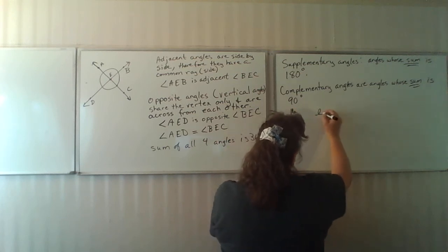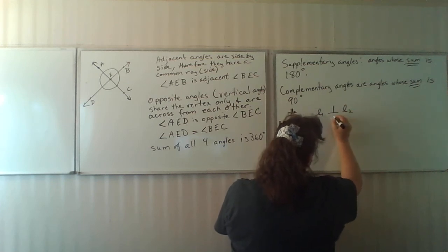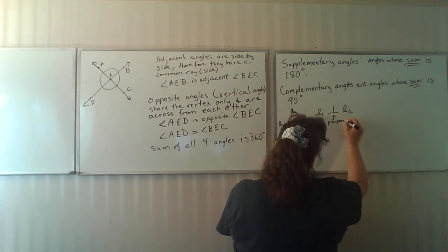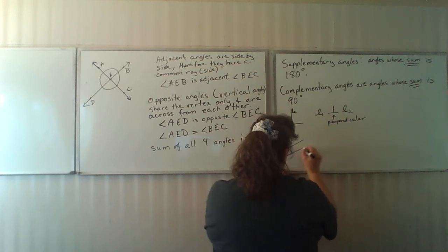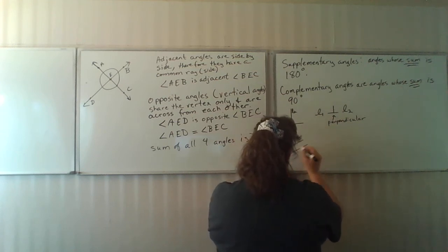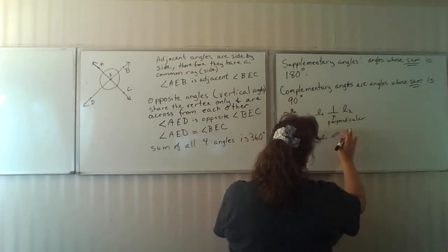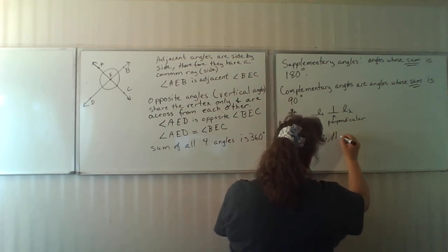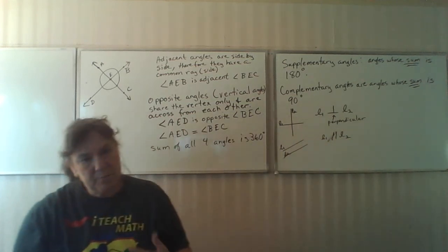We could say line 1 is perpendicular to line 2. In other words, we use a symbol to indicate perpendicular lines. We could also say line 1 is parallel to line 2. We use two parallel lines to indicate parallel.